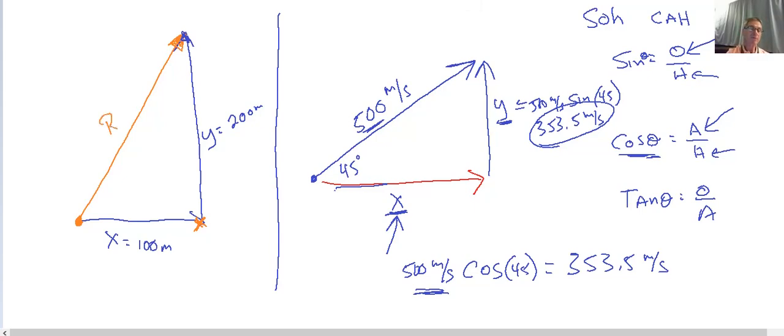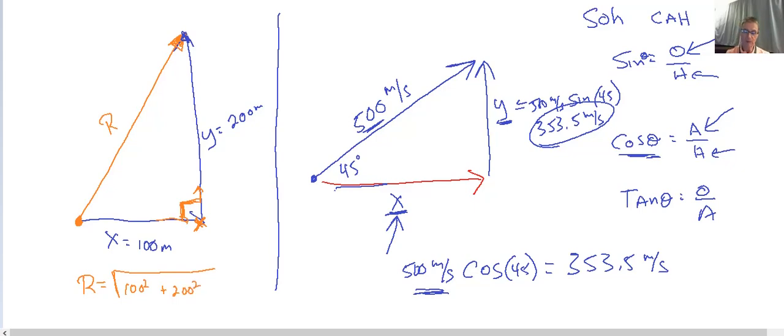How could I get my resultant vector? Remember, this is an x component right here, and this is a y component right here, so this is 90 degrees right here. We can use the Pythagorean theorem. So r is simply going to equal the square root of 100 squared plus 200 squared.